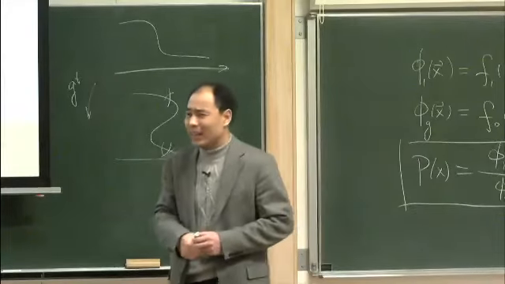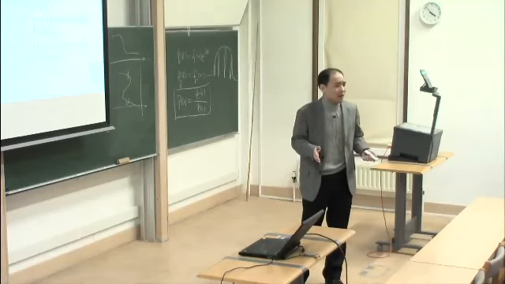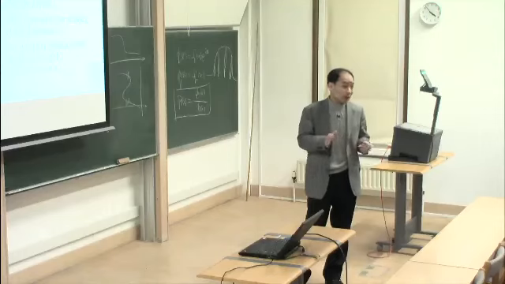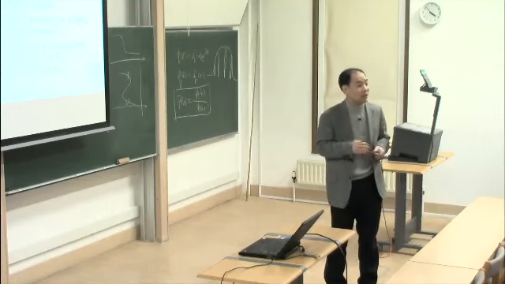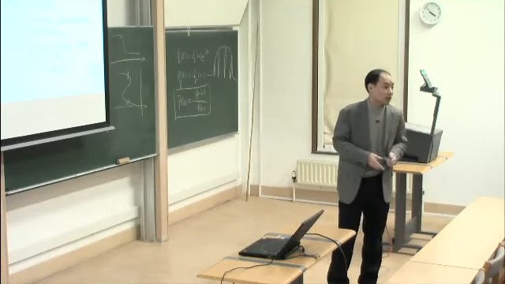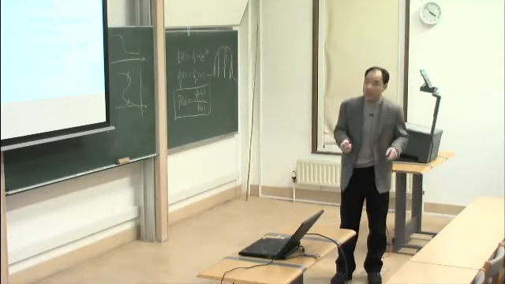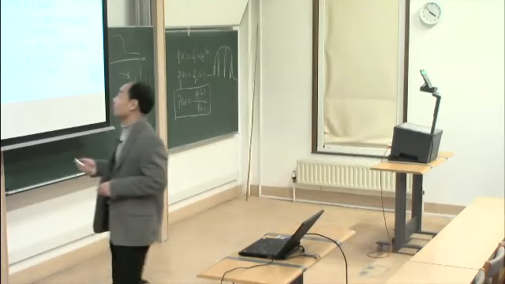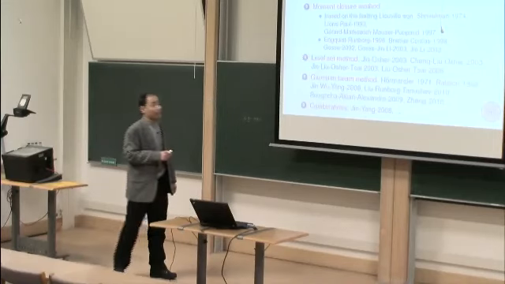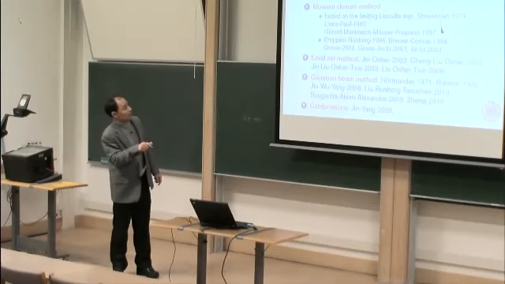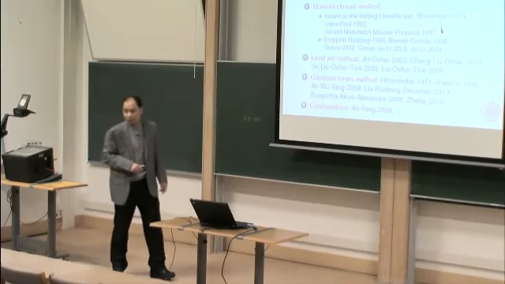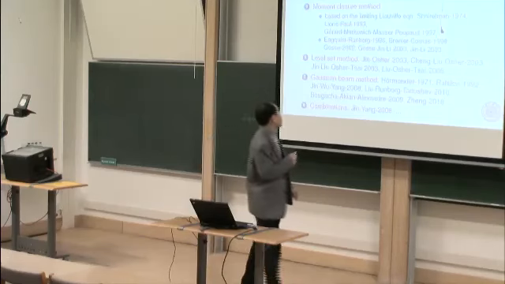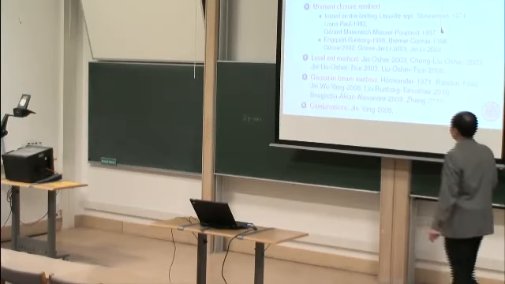In fact, I didn't see any work, at least from the numerical point of view, to implement his theory. I think that's the reason. And later, there are many different methods. For example, the big ray tracing method, I think by Benamou, and he used part of Maslov's idea to develop this so-called big ray tracing method.